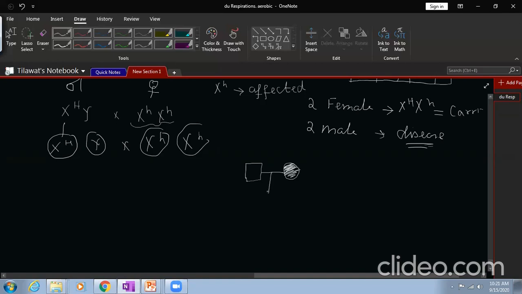Mention their offspring, please. The offspring of the female are what? Carriers. So both are female. First of all, I will mention with round. They are carriers, so I will mark it half shaded.